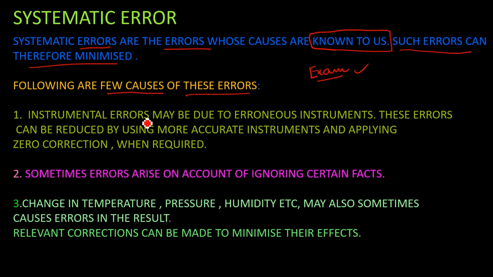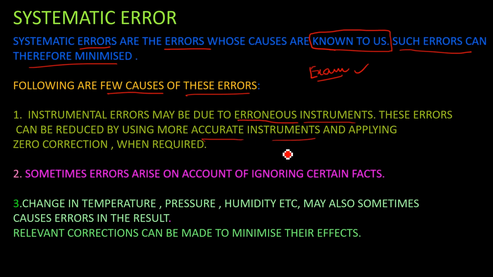Instrumental error may be due to an erroneous instrument, meaning a defective instrument or mistakes in the instrument's design. These are examples of erroneous instruments. These errors can be reduced by using more accurate instruments.